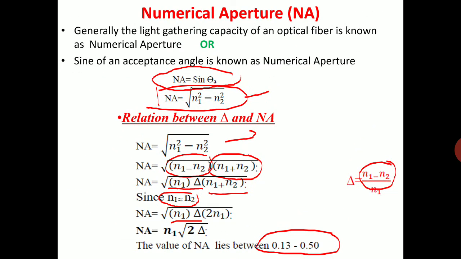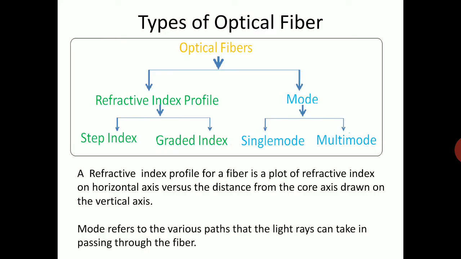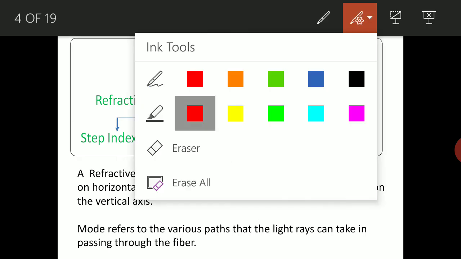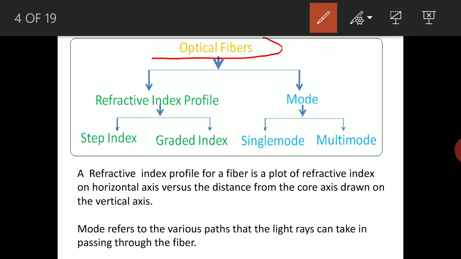Now with this, we have covered the fractional index change and the numerical aperture. Now we'll get into the different types of optical fibers, how the optical fibers are broadly classified. Optical fibers are mainly classified on two factors. One is based on the refractive index and the second one is based on the mode theory.